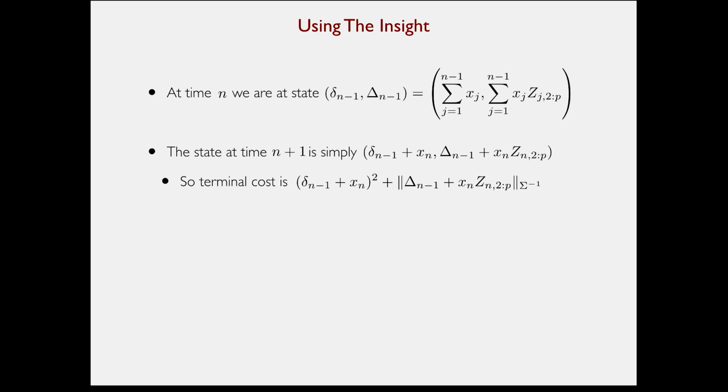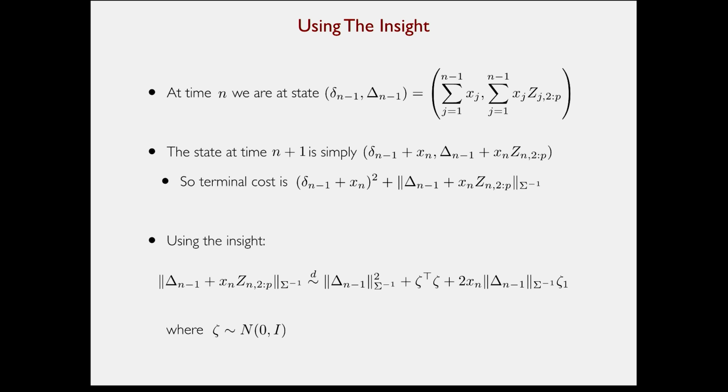It's going to depend on this Mahalanobis norm of delta, on the covariance matrix for z, and on that same inner product that I showed you in the last slide. And if you remember, that inner product depended on delta only through its Mahalanobis norm. So in particular, using the insight from the previous slide, in distribution I can write down this quantity knowing just the Mahalanobis norm of capital delta n minus 1.